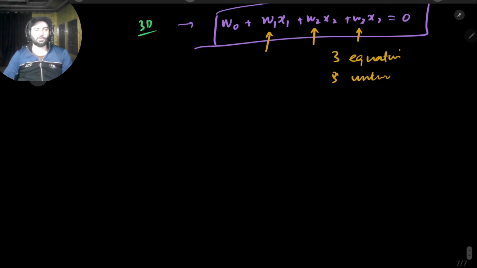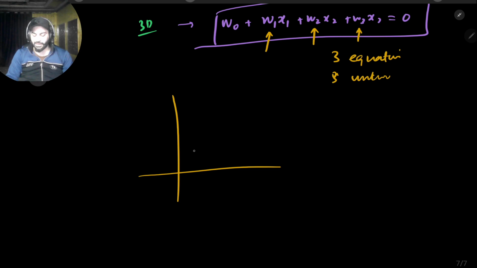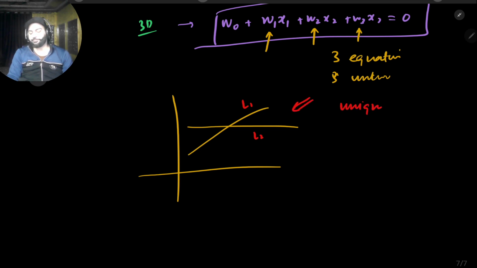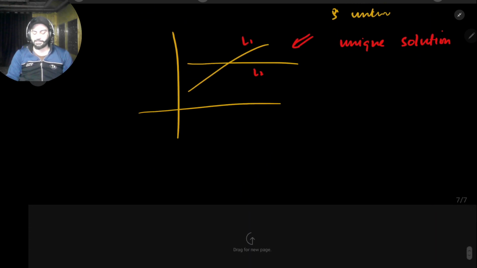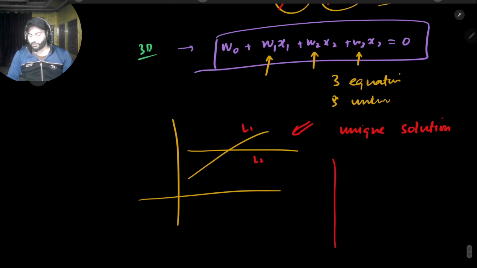I would like to give you some more things. For example, let's suppose in 2D I have a line like this and like this. Let's suppose line 1 and line 2. Line 1 basically means equation 1. In this case there will be a unique solution. You might have heard that these two equations have a unique solution. That basically means these two lines intersect at only one point. There can be two lines which can be like this: one line is like this and there is a parallel line.